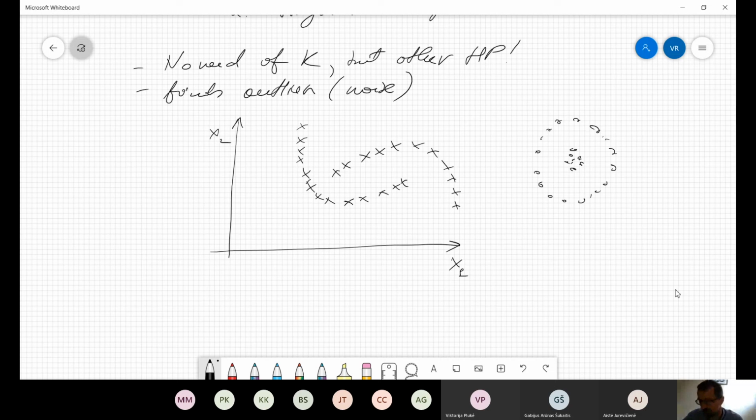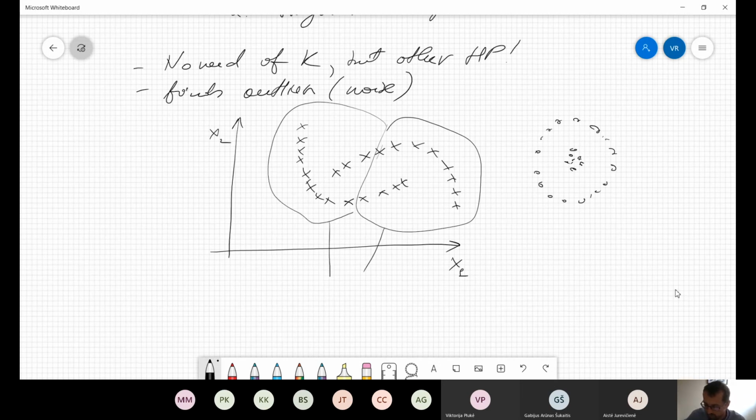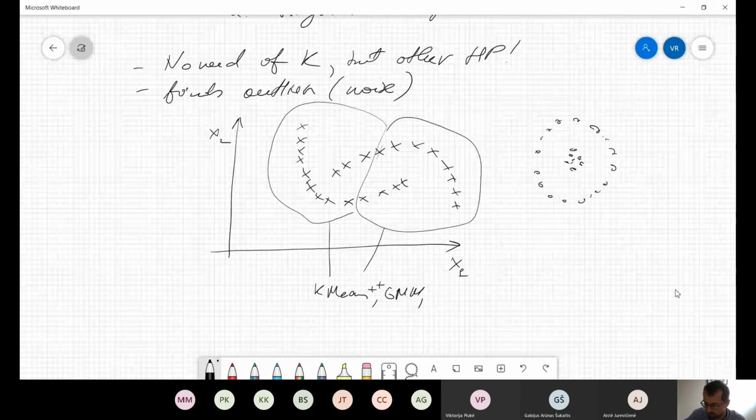In these situations with a complicated structure, k-means, GMM or hierarchical clustering would try to split these into two like this, into one cluster like this and the other cluster like this.